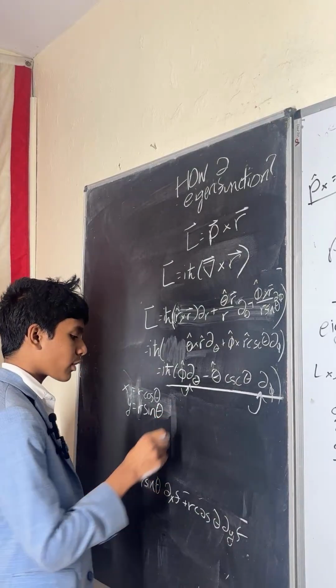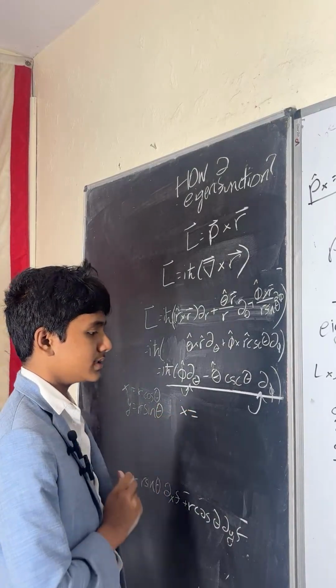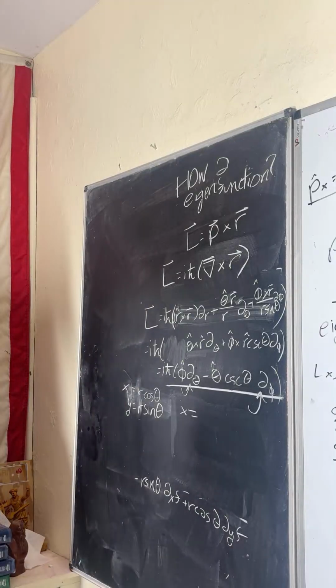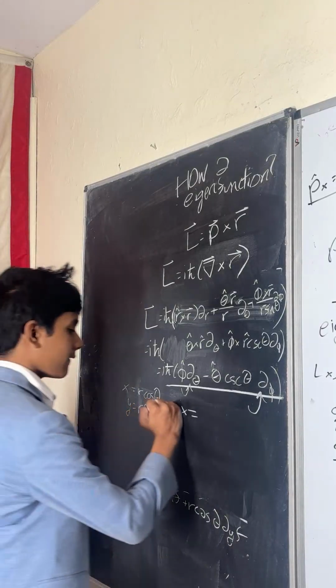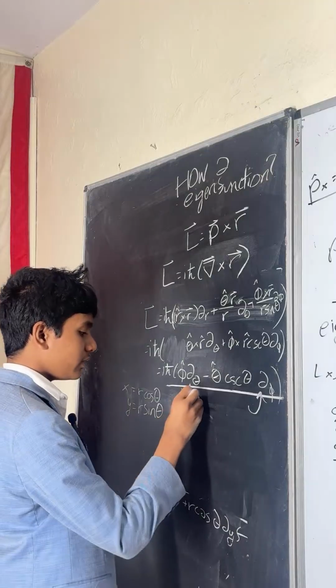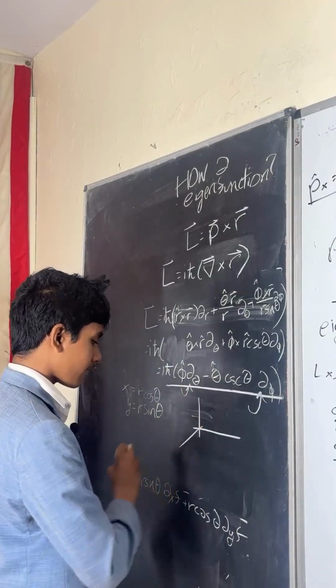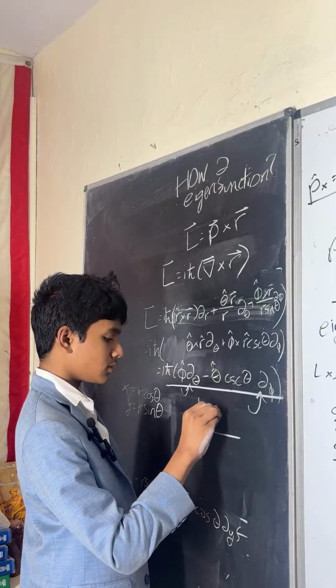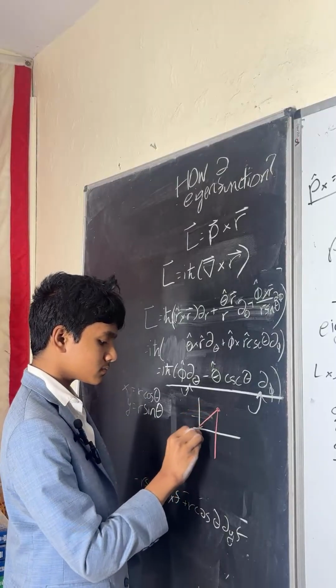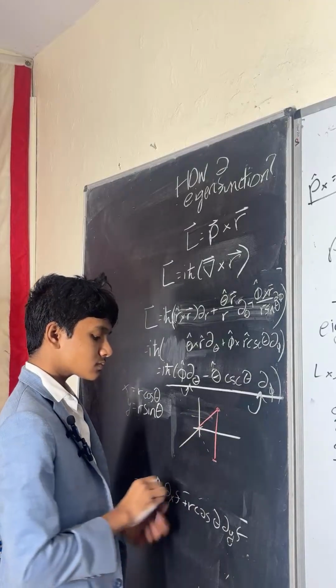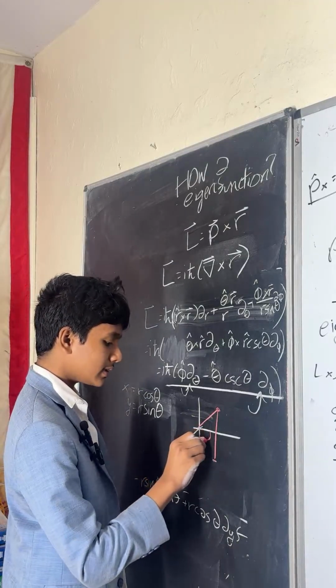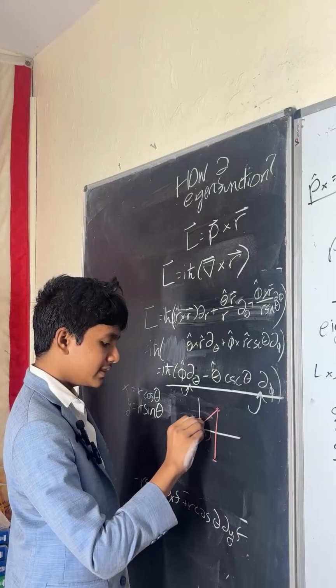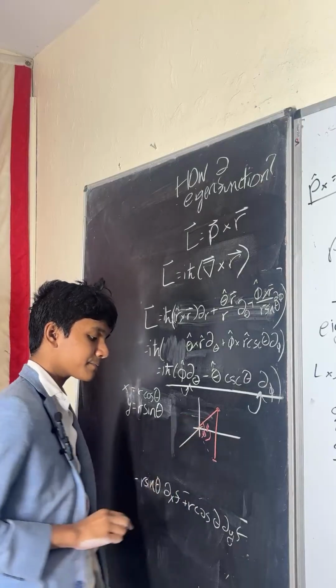I am not remembering my spherical to Cartesian conversions. Okay. Well, if I draw a point over here, this is theta, but this is phi.